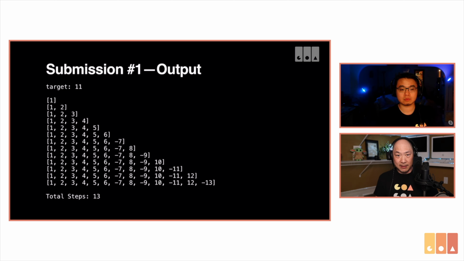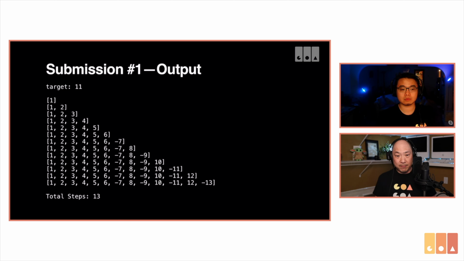So let me show you. For example, this is the output of Mackenzie's code if the target was 11. So the target is 11, he would go all the way up to here. Right, so at this point, he would be at 15. So he's overshot it. Then he needs to go backwards 4 times.